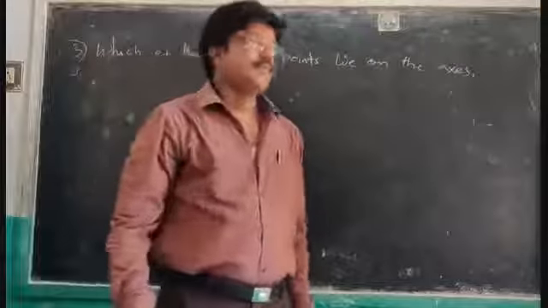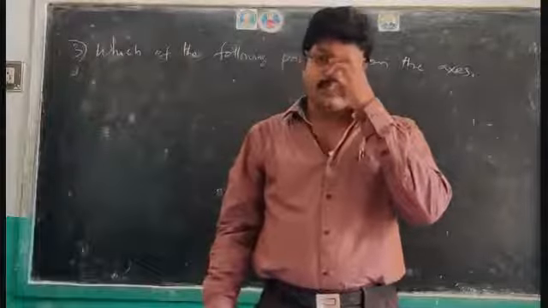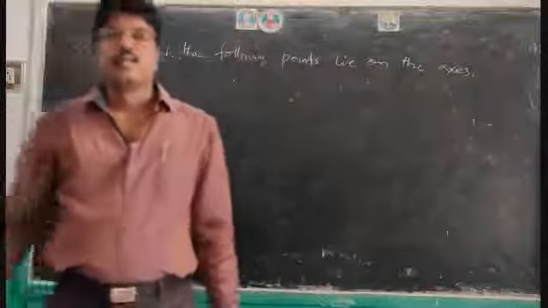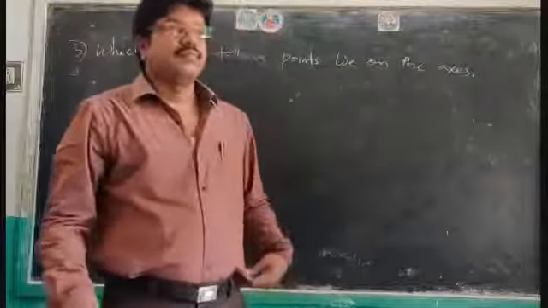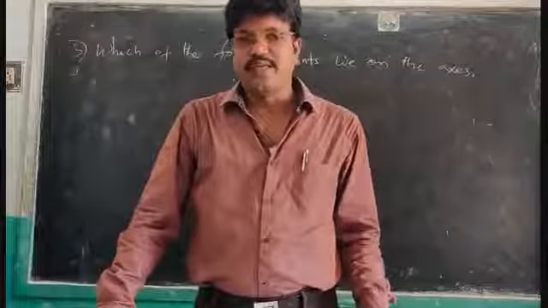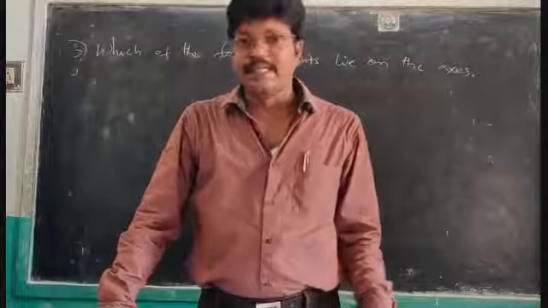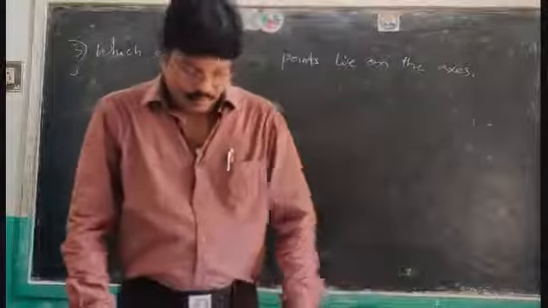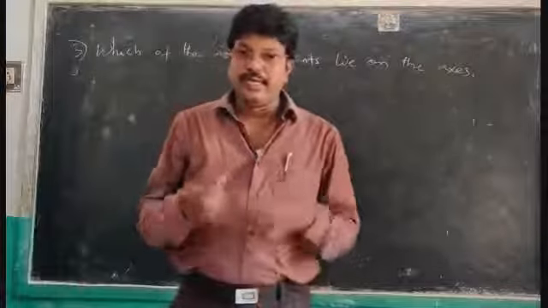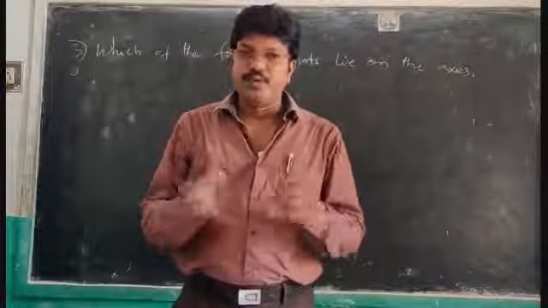Actually, children, in this chapter the problems are mainly based on graphs. When the school opens, then we'll move on to the remaining exercises in this chapter. So now, think and assume how to use the graph.